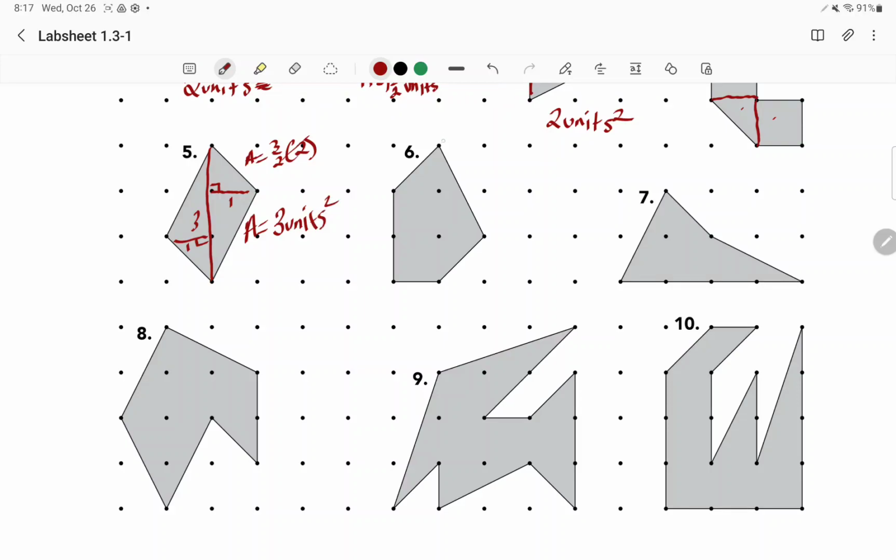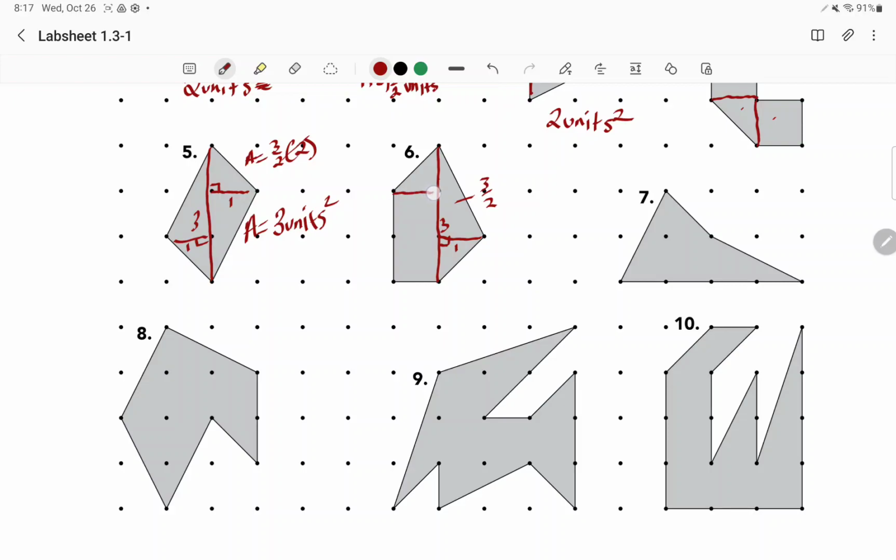On this one, again, there are many ways that you can go about doing this, but I would go ahead and make this triangle. So this is 1, 2, 3. The base is 3, and here's your height, and your height is just 1. So 3 times 1 divided by 2, so this has an area of 3/2.